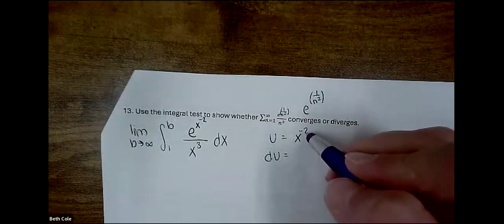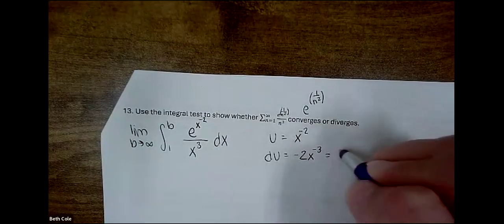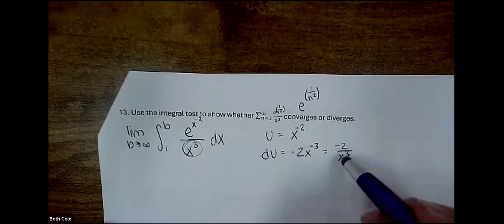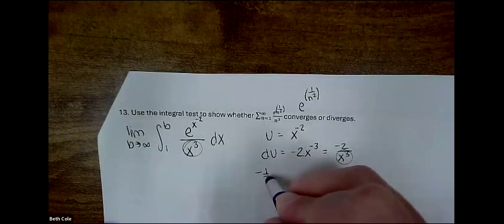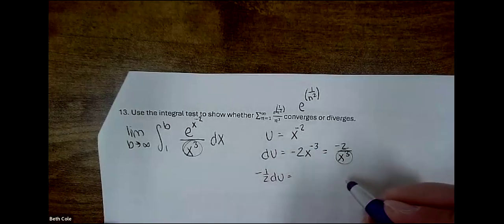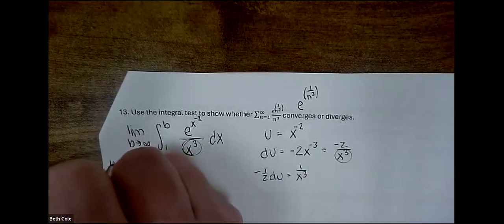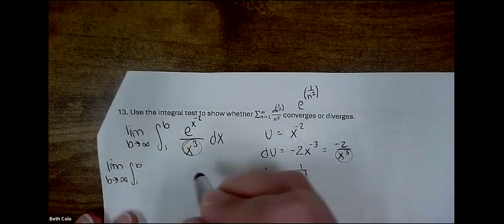All right, so if we do the derivative of this, it's going to be negative 2x to the negative 3rd, which is going to look like this. So that's taking care of that x to the 3rd that's in the denominator. We're just going to need a negative 1/2 adjustment number to get rid of that negative 2. I should have put that negative 1/2 in front.